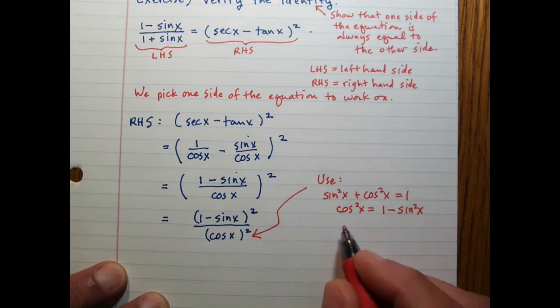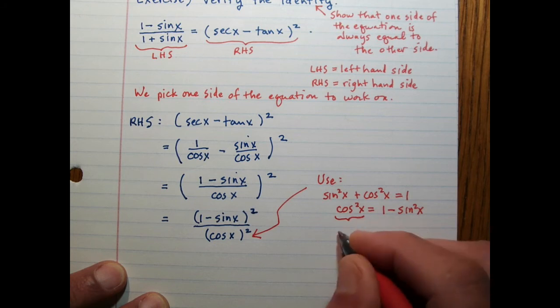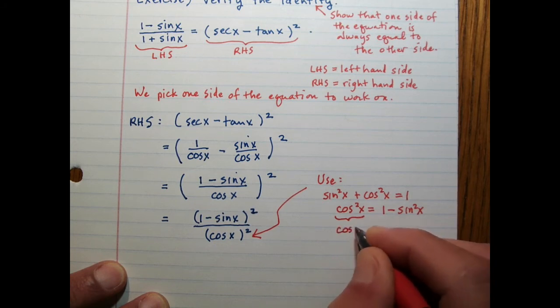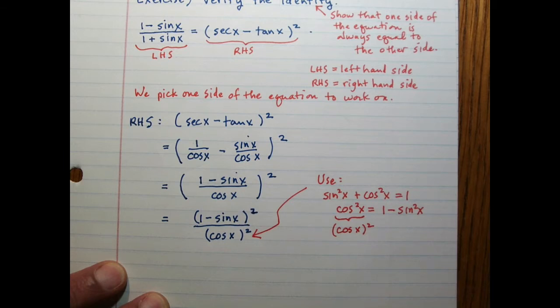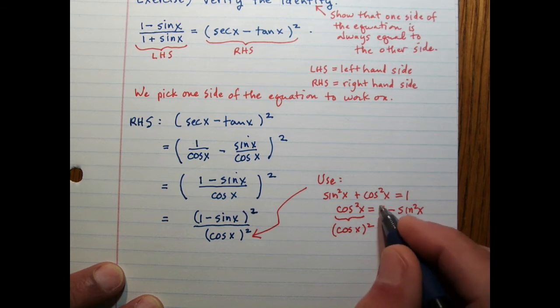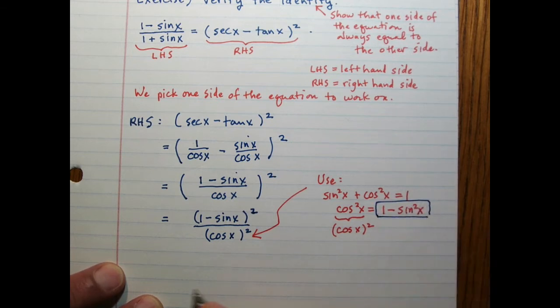Now, cosine squared x is just our shorthand, right, for writing cosine x in parentheses squared. So what I can do is use this relationship to replace the cosine x squared in the denominator of my fraction here with 1 minus sine squared x, because that's equivalent.